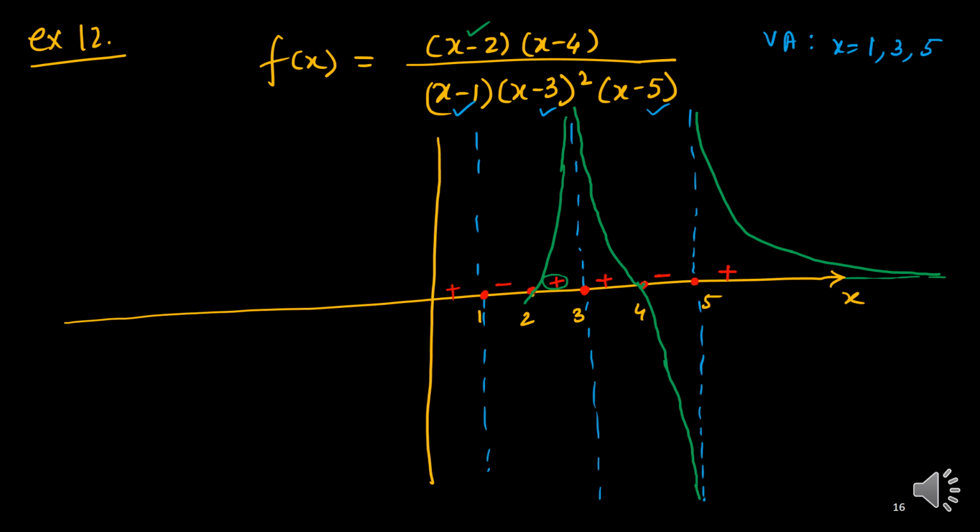Then it will follow the axis on the negative side and go toward this side. And then this is positive, it will start from positive infinity on this side and go towards 0. It's complete. So this is the graph for this function.